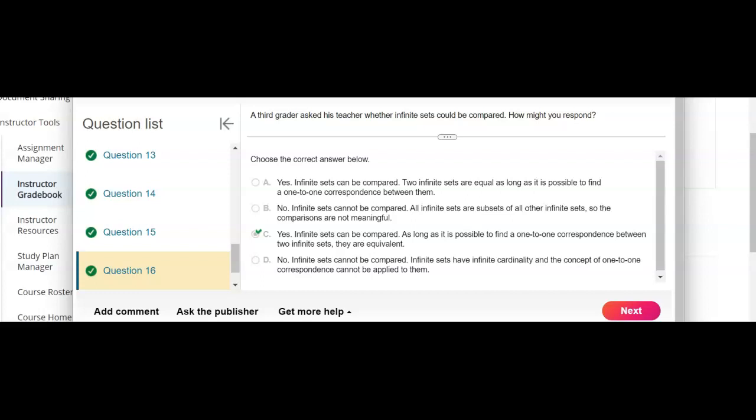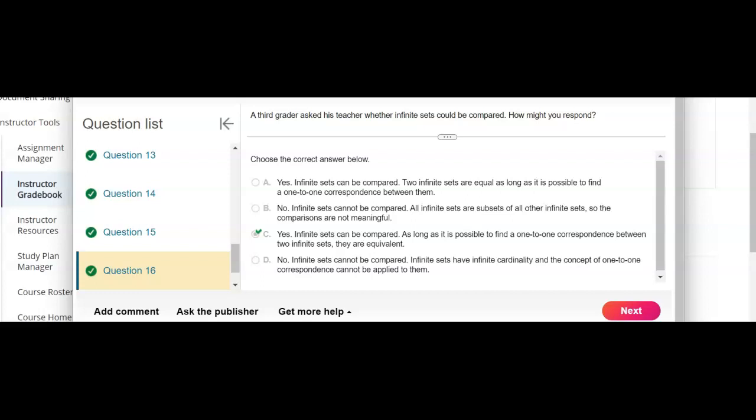The other question is that a third grader asks whether infinite sets can be compared. Infinite sets mean there's an infinite number of elements inside of them, so the set goes on and on forever. You can think of that as numbers. This set starts with the number 1 and goes on infinitely, because numbers do go on infinitely.